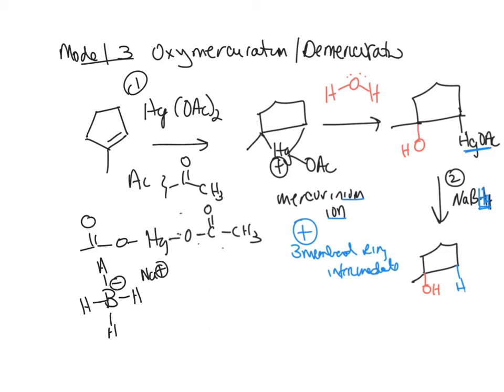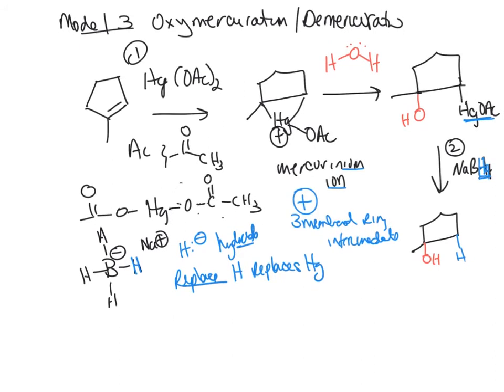There's sodium borohydride, and this actually delivers an H minus. Okay, so that's a hydride. And that hydride is a reducing agent, and the mechanism there is the H replaces the mercury, the metal. So you've got to have it. Okay, so that is Model 3, and we're going to work through this reaction mechanism.